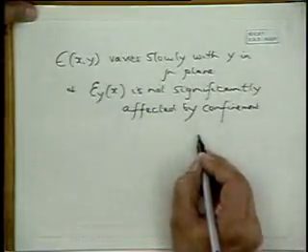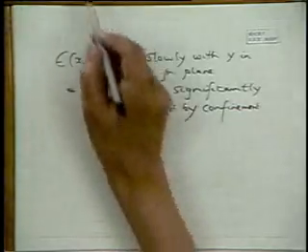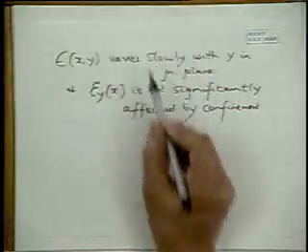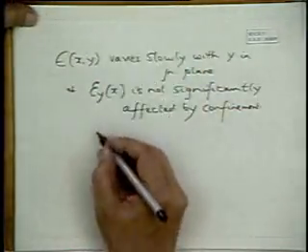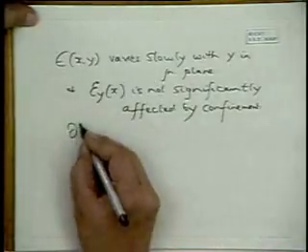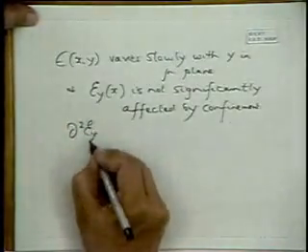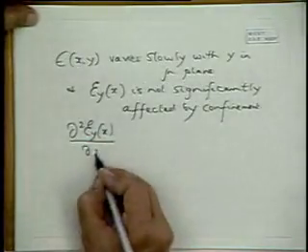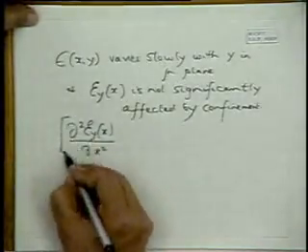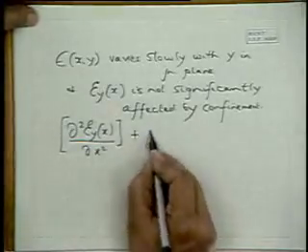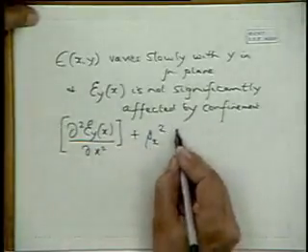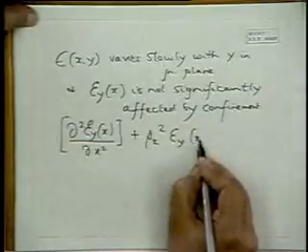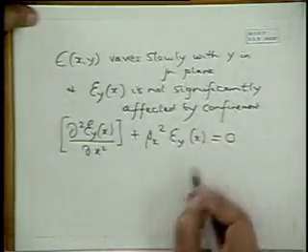So with separation of variables, we have assumed that E is a product of Ey(x) and Ey(y), so we get the equation del squared Ey(x) by del x squared plus beta x squared Ey(x) is equal to 0.